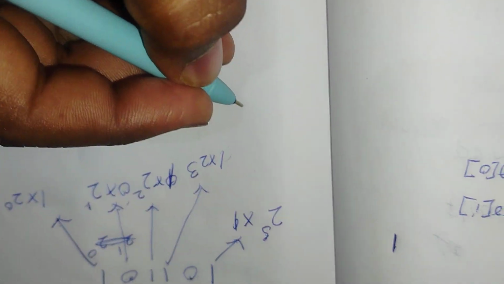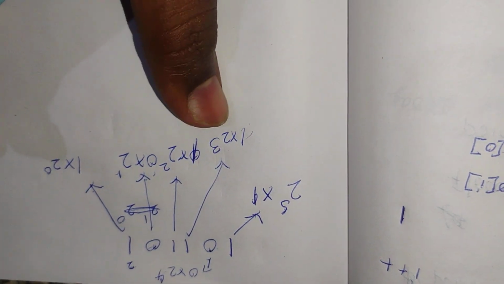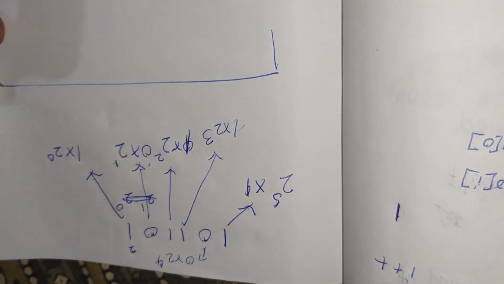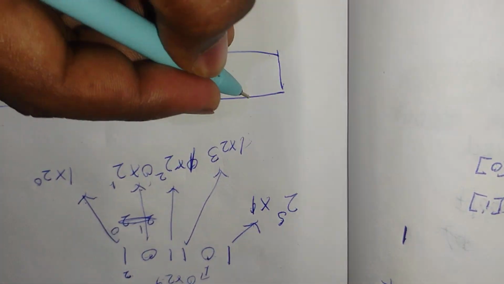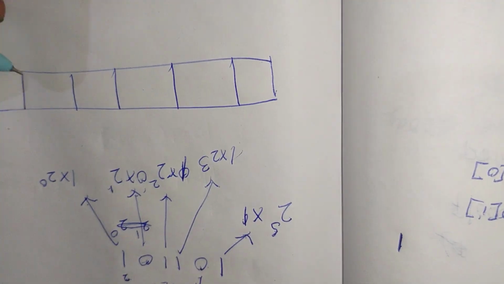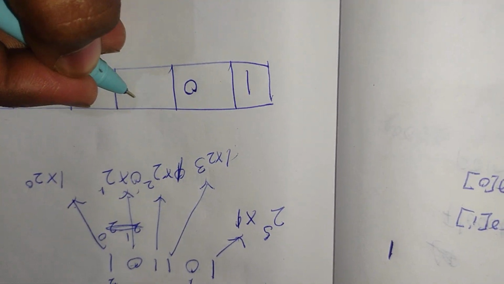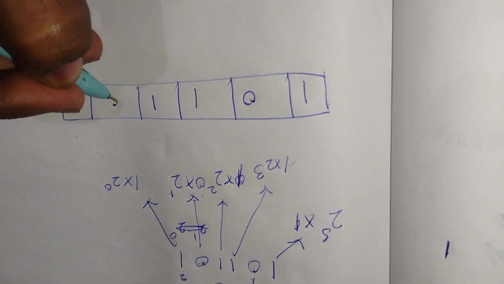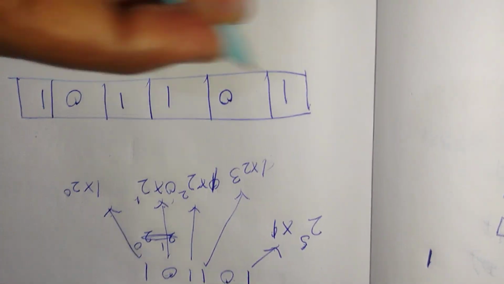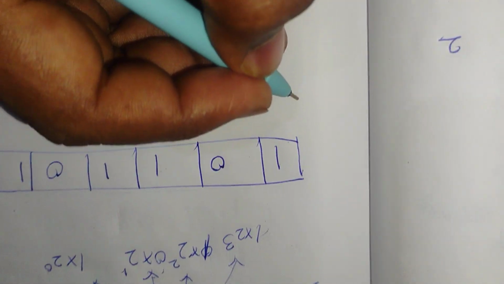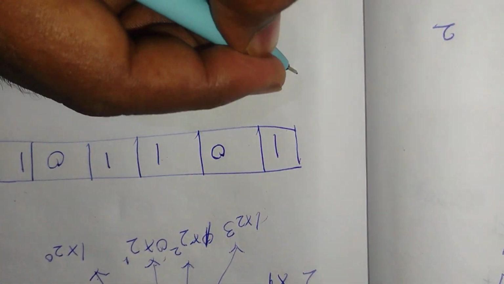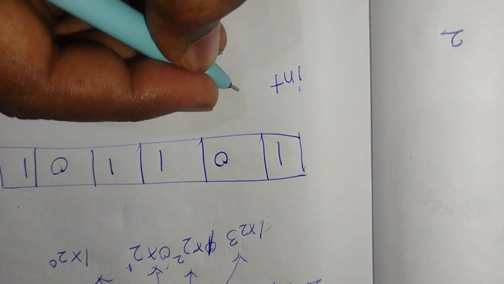So how can we execute this condition? First, we draw the array with indices 1 2 3 4 5 and values 1 0 1 1 0 1. Okay, so initially I am going to declare two variables.